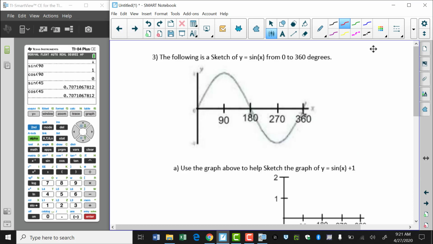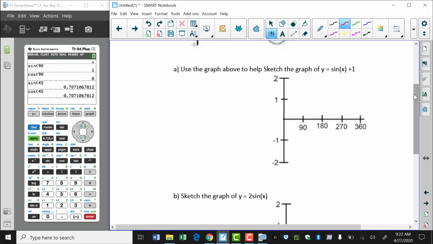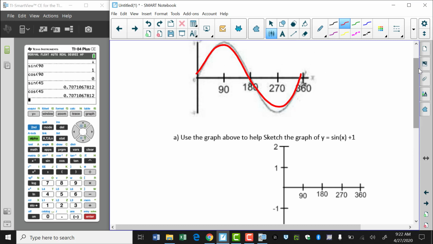So what would these sketches look like? Here is your typical sine sketch, which is something we have seen in the Ferris wheel problems. Again, in the Ferris wheel problems, we're talking about hundreds, and this one we're just talking about 0, 1, and 2. So if the sine function looks like this and we want to move it up 1, which is just adding 1 to it, it would then start here, work its way up, and back down.